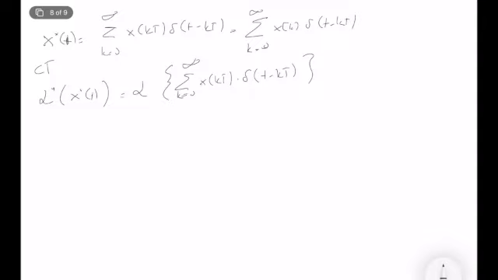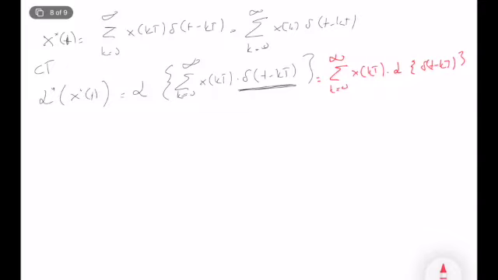Anything that doesn't depend on small t can just be brought out of the Laplace transformation, such as the summation and this x(kT). This is the only function that I need to take the Laplace transform of, because of the linearity. So this is simply equal to the sum from k equal to 0 to infinity of x(kT) times the Laplace transform of the delta function delta(t minus kT). I think it's good, right?